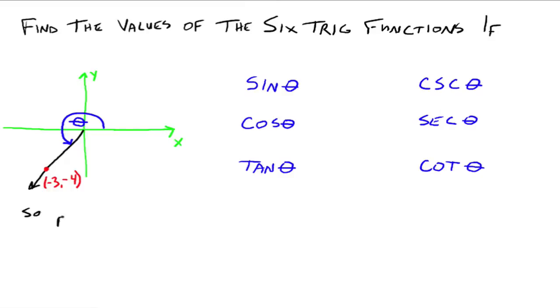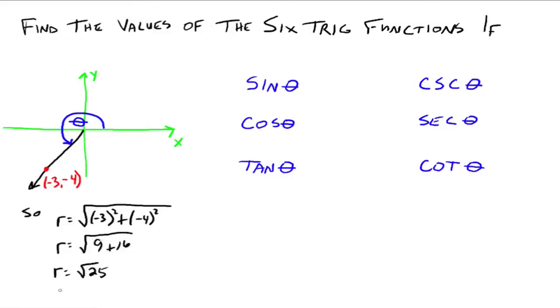So r is equal to the square root of x squared plus y squared. So r equals 5. Everybody see that? So this value for r is 5. So here we go. Sine of theta. Sine was defined to be y divided by r.